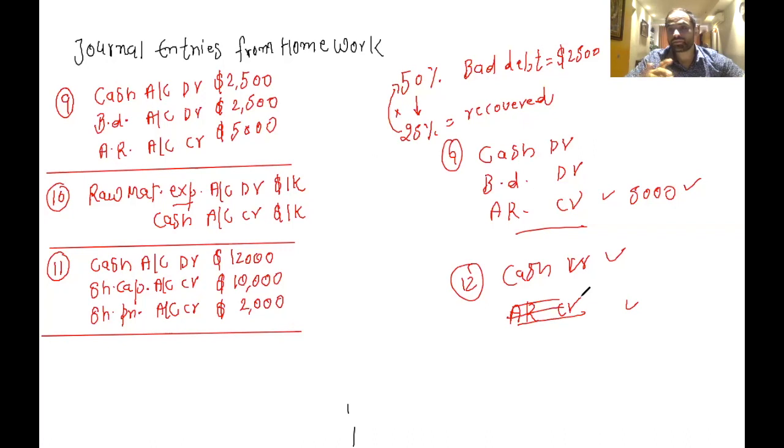So what should be credited? Go back and check my previous lecture when I explained about bad debts. When I gave you guidance over the bad debts, you go and check. What did I explain about when you receive money from bad debts?